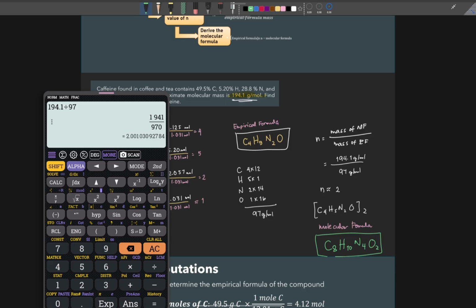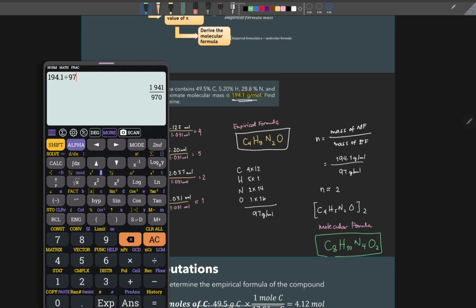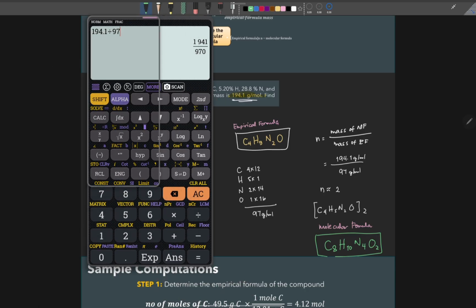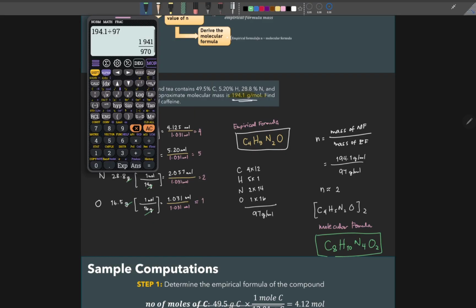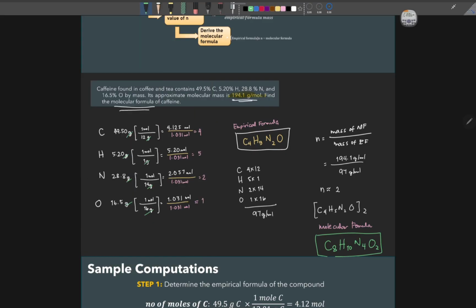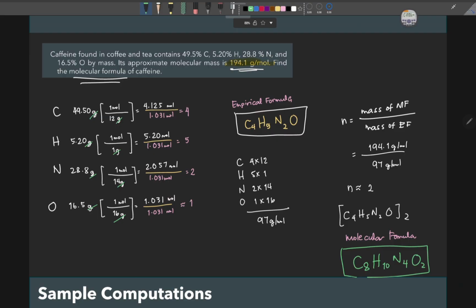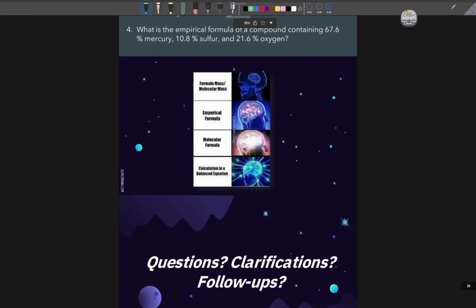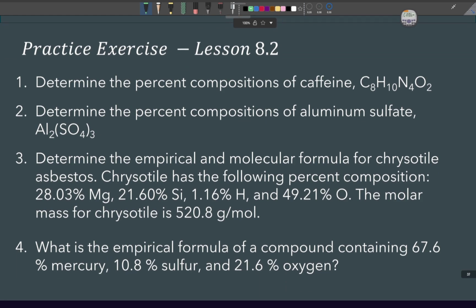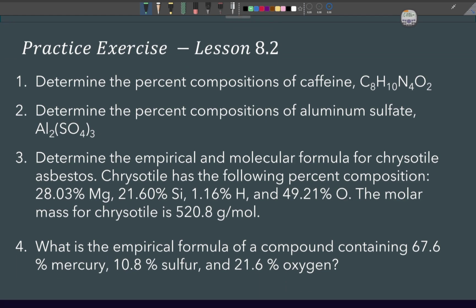So that's it. Okay, and here, try to solve other problems. So these are practice exercises that you may solve.